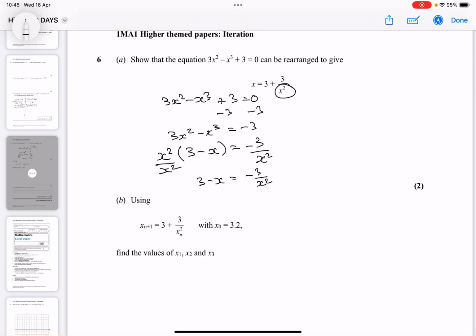Now, if I was to take the 3, I would get negative x equals minus 3 take 3 over x squared. Because I've got this negative, it's nearly like I've got to divide through by the negative. Because I can see the negatives here, I'm just going to put x equals 3 plus 3 over x squared. It's nearly like multiplying by minus 1 or dividing by minus 1. Because I've changed all the signs, that's not a problem.